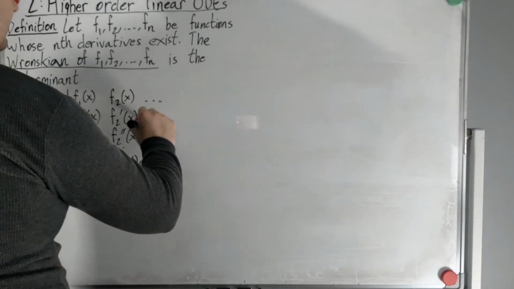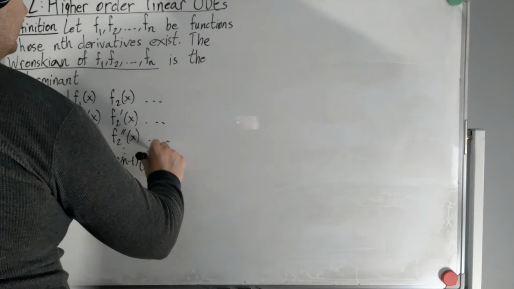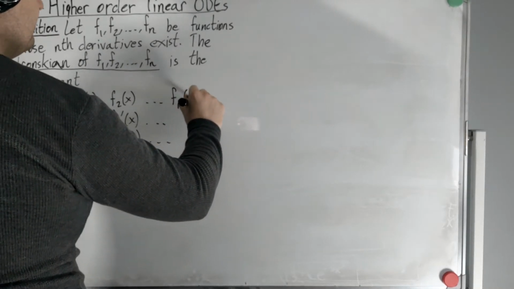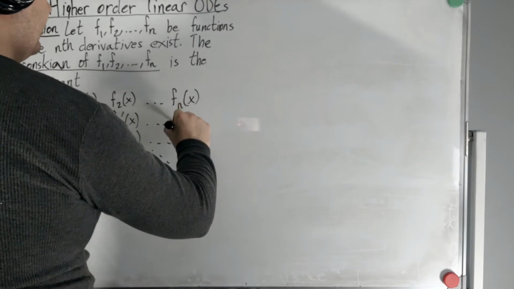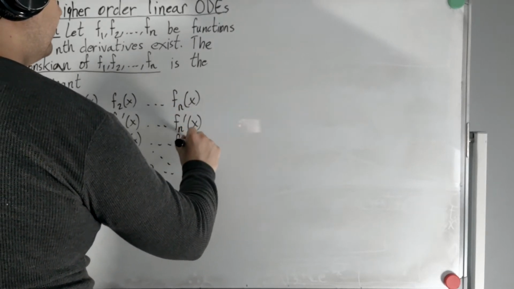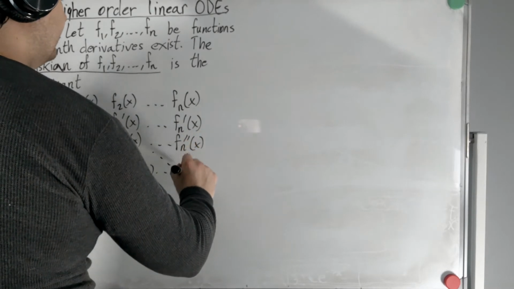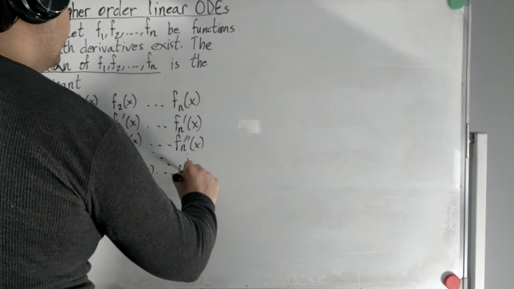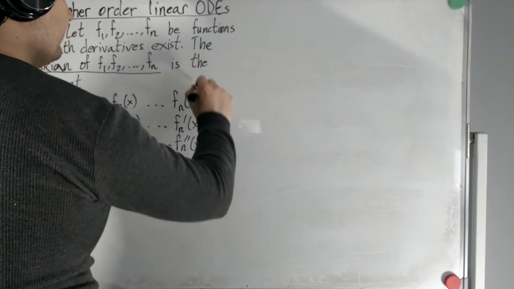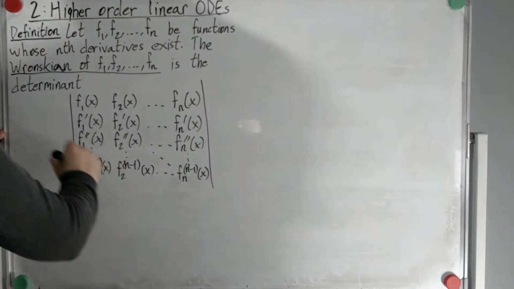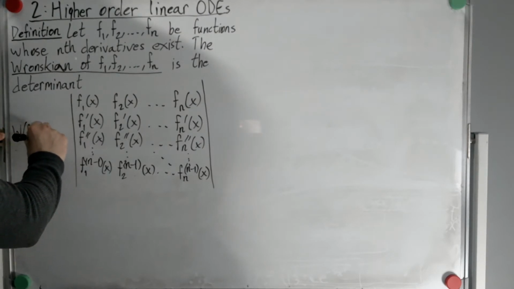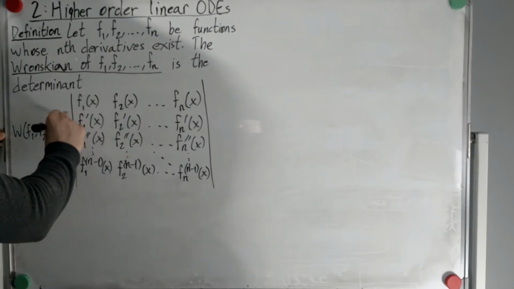And so on, until you get to the nth function, and then you take its first derivative and its second derivative, and so on, until you get down to its n minus first derivative, and you take this whole determinant. This is called the Wronskian of f1 through fn.